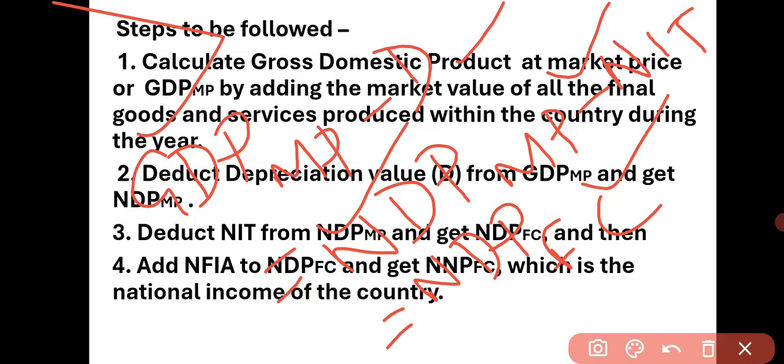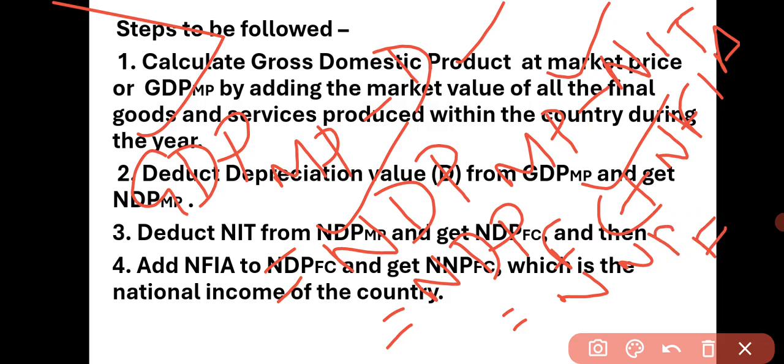Now, what do we have to do to get NNPFC? Just add NFIA to NDPFC, so that we can get NNPFC, and this NNPFC is the national income of a country, right?